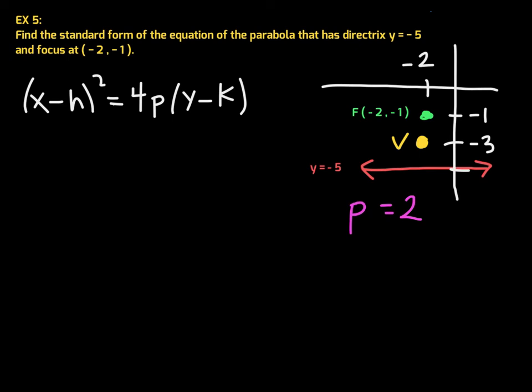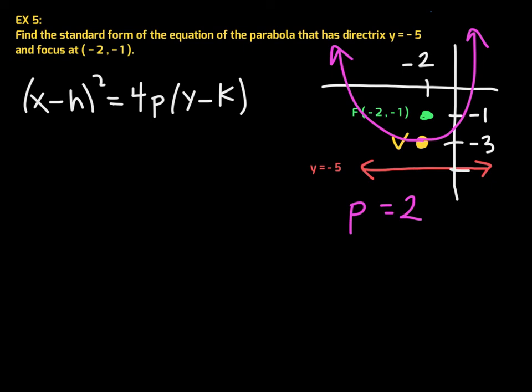And it's positive 2 because this parabola is going upward. So it's doing this, right? See? Now the distance from the vertex to the focus is 2 units. The distance from the vertex to the directrix is also 2 units.